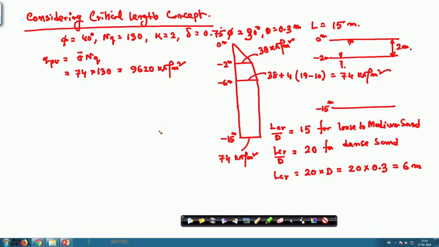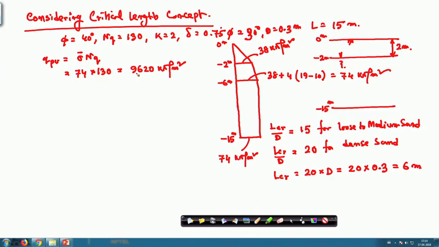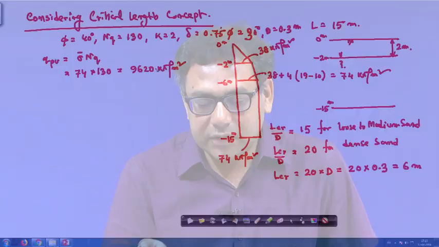But I would consider the actual value that is coming from the calculation, and few researchers have suggested that you take the total value that is coming. So, whether or not I consider critical length, I will consider the total value that is coming. Here it is 9620. Even if it is greater than 11,000 kilonewton per meter square, I will still consider that higher value, because that is the method I prefer.